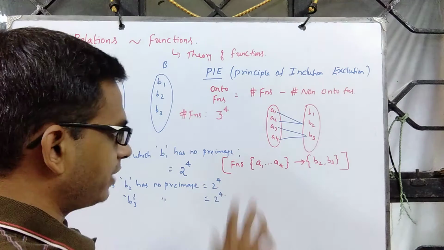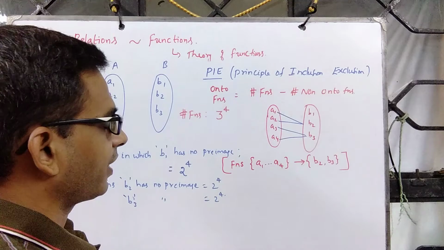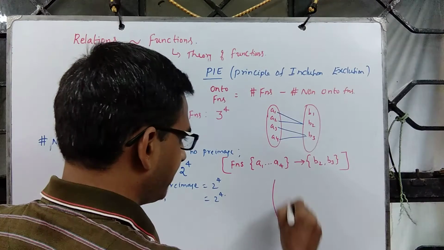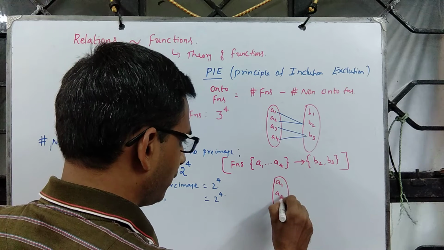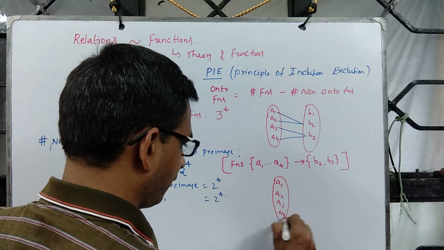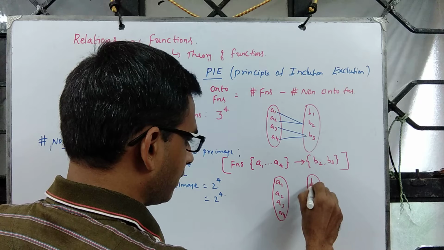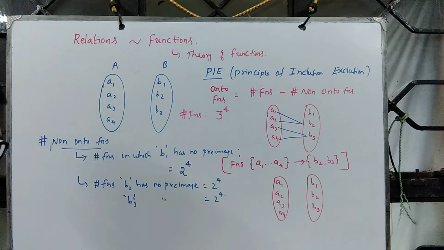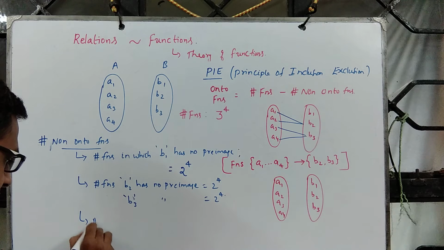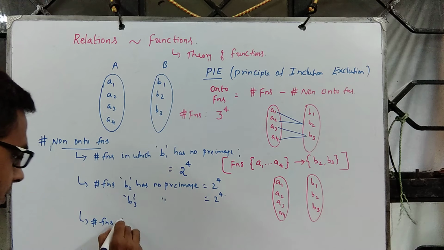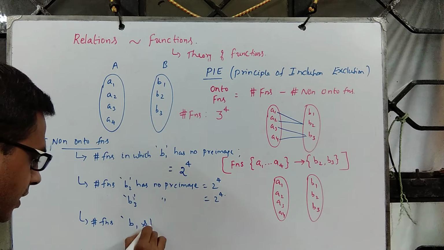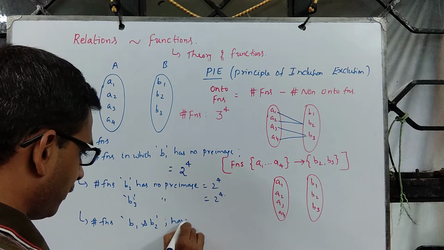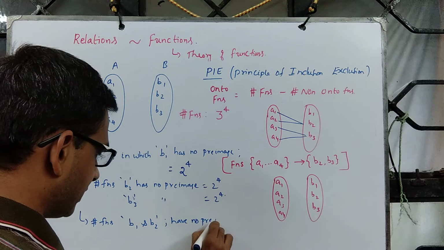Now we will also have functions in which B1 and B2 are not having pre-images. You have A1, A2, A3, A4 and B1, B2, B3. So the number of functions in which B1 and B2 both have no pre-images.